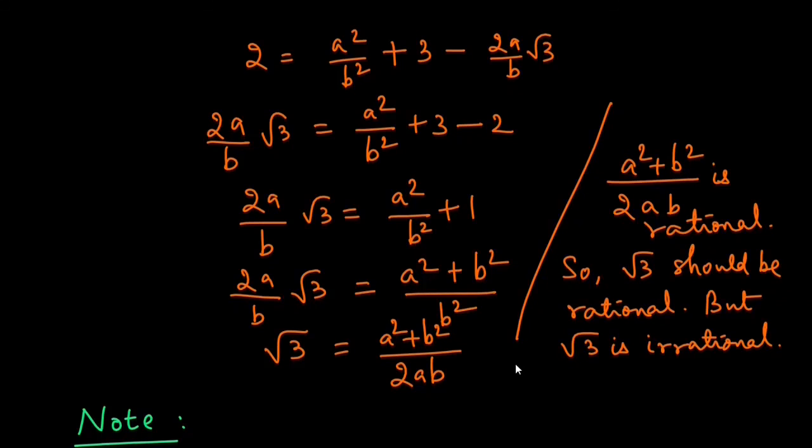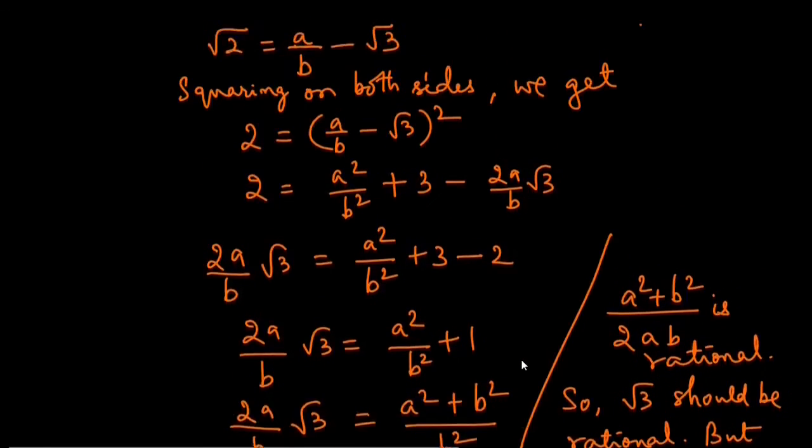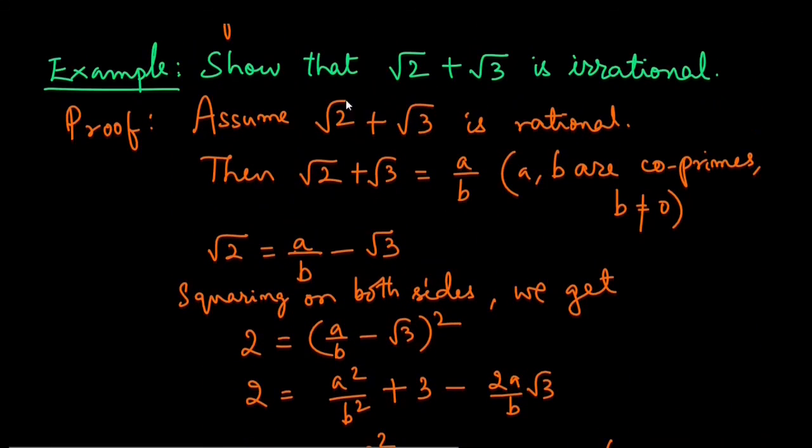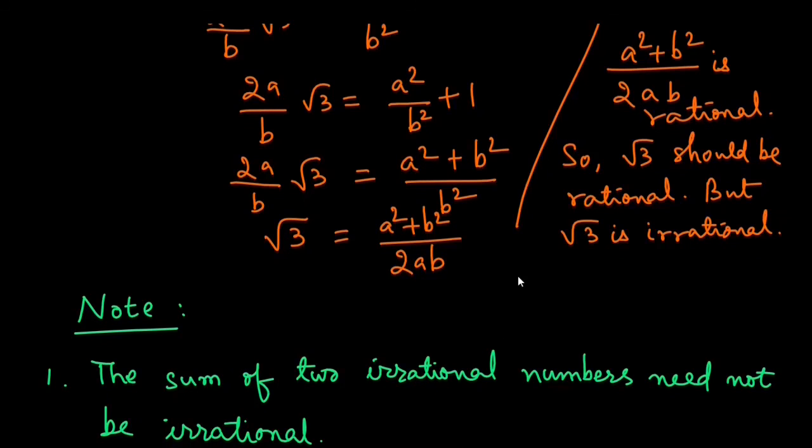This contradiction has arisen from our assumption that root 2 plus root 3 is rational. So we conclude that root 2 plus root 3 is irrational.